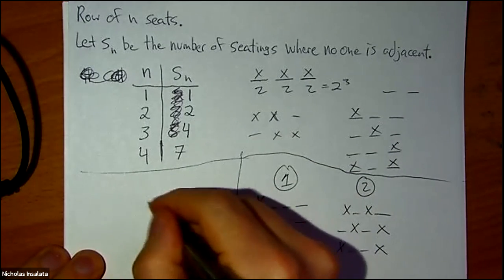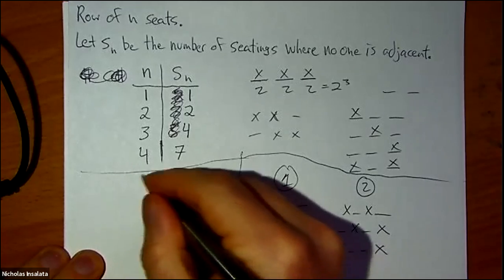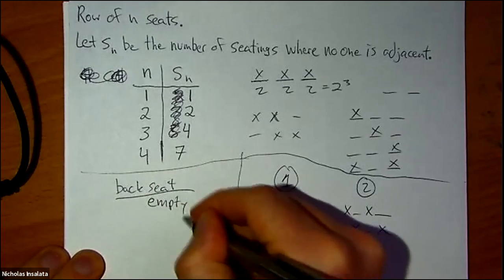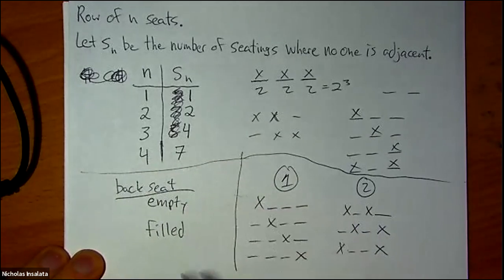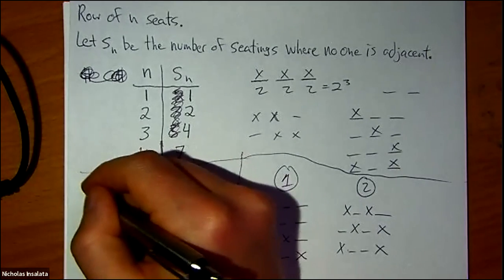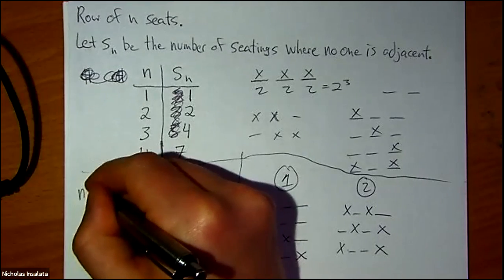The back seat is either empty or filled. Okay. So if the back seat is filled, right, then, sorry, let's do empty first. If the back seat is empty, now we have n seats.